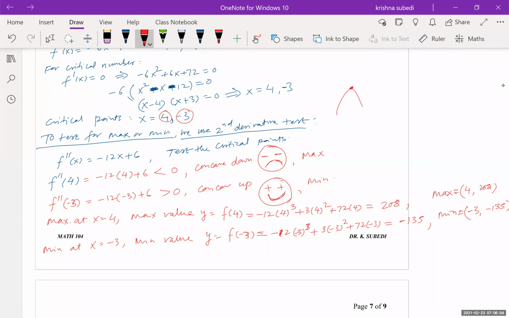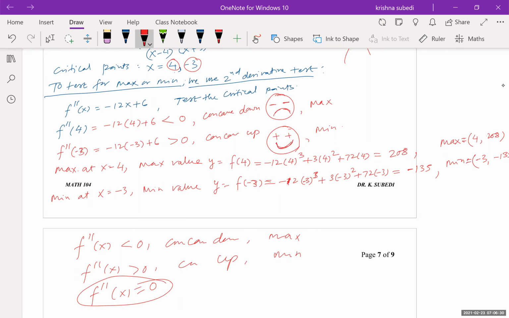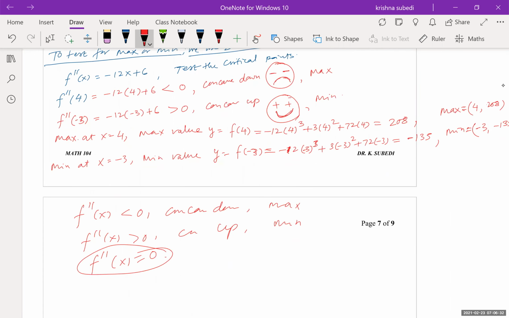But one caveat, one thing that you need to know: when second derivative is negative, it means concave down, which means maximum. Second derivative is positive, concave up, which means minimum. We know that. But sometimes if you get second derivative equal to 0, then this method fails.